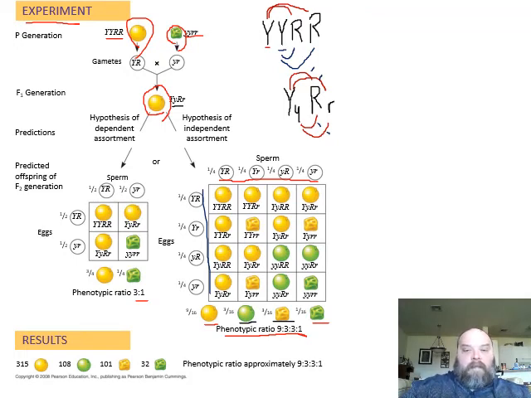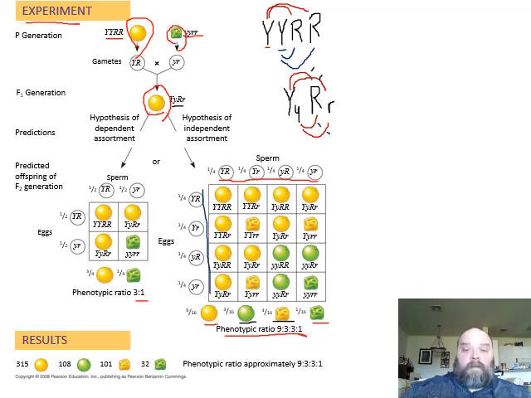When he counted them up and did the ratios, he came up with a 9-3-3-1 ratio. For every 1 green wrinkled, like he had in the parental, he had 9 yellow rounds, just like he had in the parentals. But he also had 3 and 3 of green round, yellow wrinkled, something new.